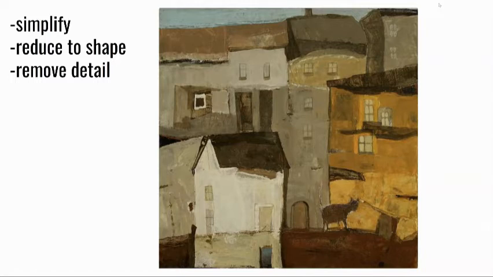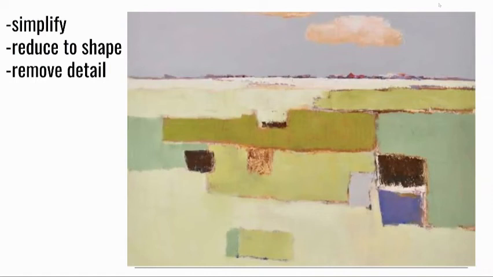And again, reduction of detail, simplification, use of strong geometric shapes. This one's really abstract. Almost like the artist is playing with the idea of how the ground looks like a patchwork quilt, a quilt made of patches.